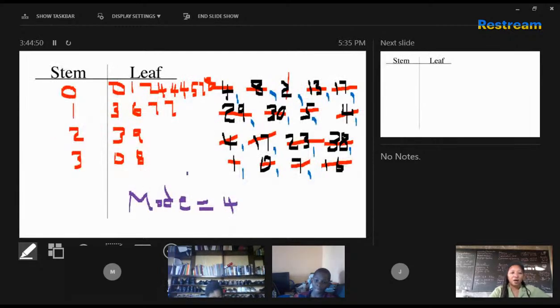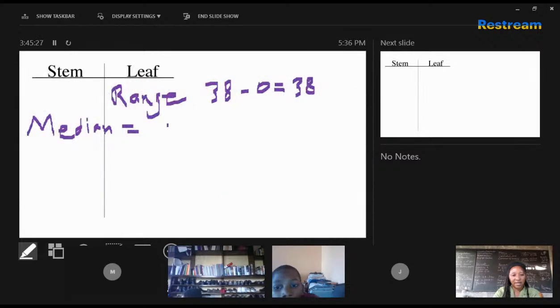How many numbers are there? 1, 2, 3, 4, 5, 6, 7, 8, 9, 10, 11, 12, 13, 14, 15, 16, 17 numbers. 8 on each side. So 1, 2, 3, 4, 5, 6, 7, 8. 8 is the median.